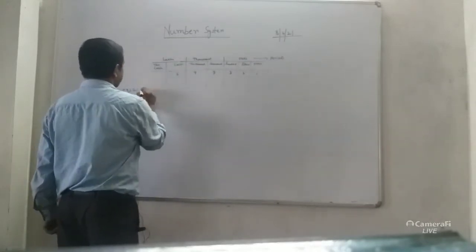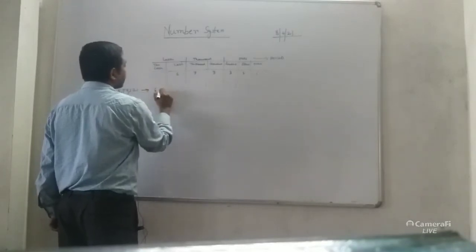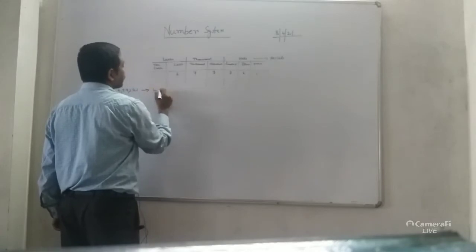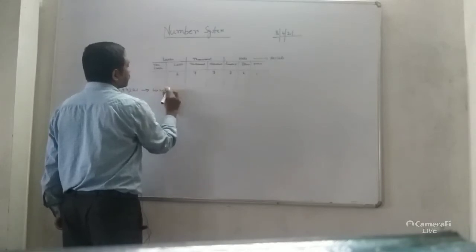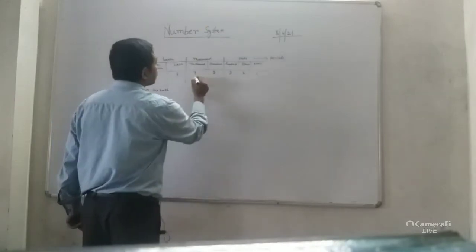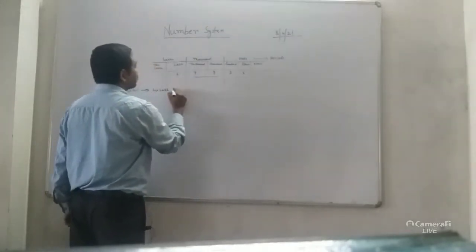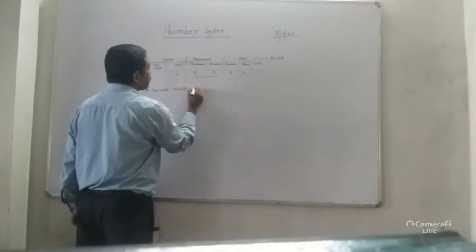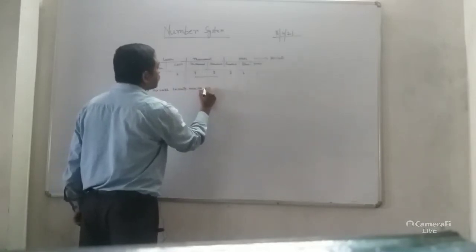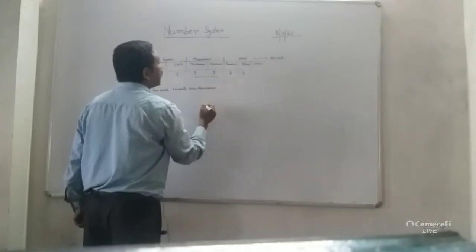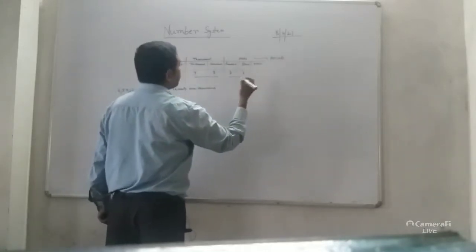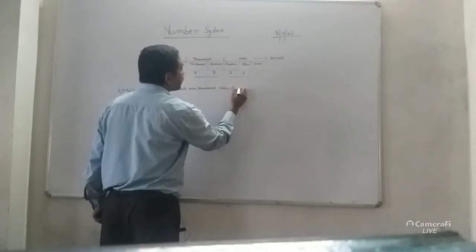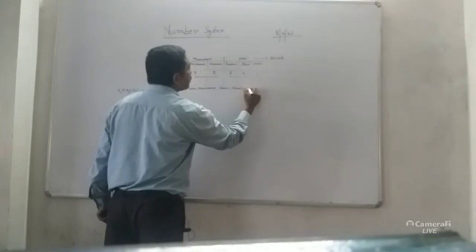Next, this one, 79, so 79,000. And this one you know, 321.